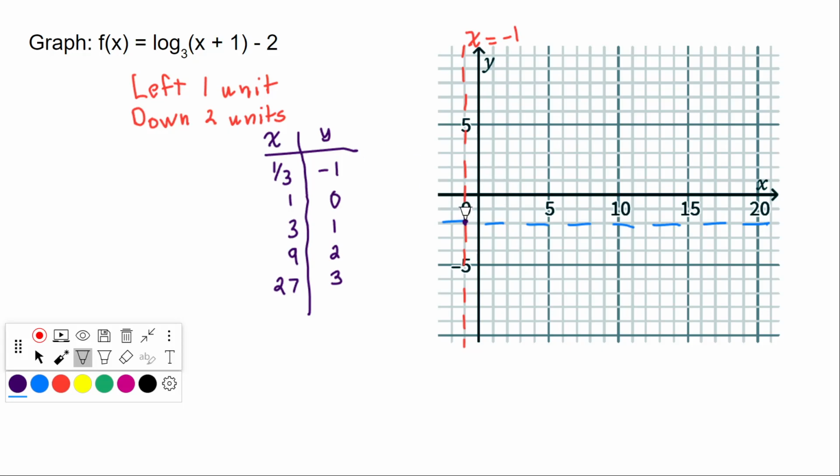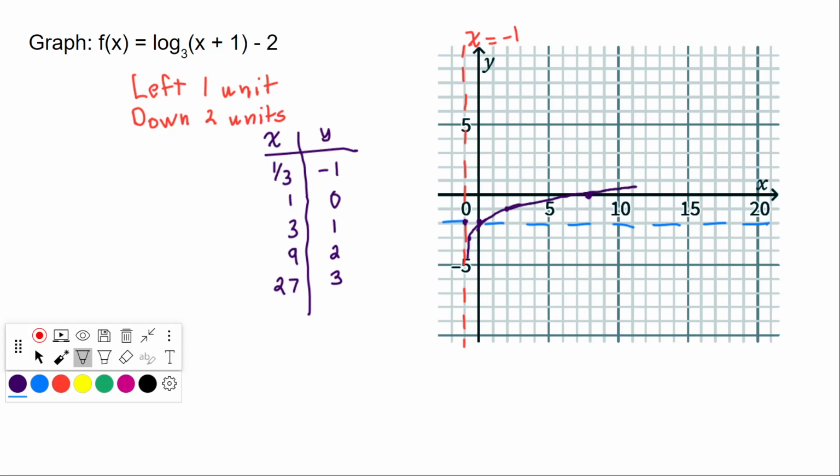So from that point of intersection, 1/3 to the right would take me down 1 unit. 1 unit to the right stays at 0. 3 units to the right is at 1. 9 units to the right, 4, 5, 6, 7, 8, 9 units to the right, is up 2. And we're not going to be able to get 27 units up. So we'll use these points to draw our curve.